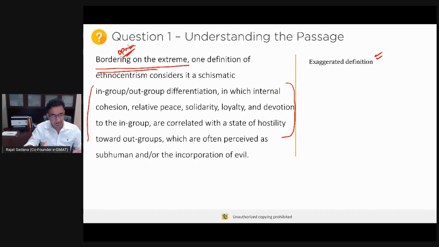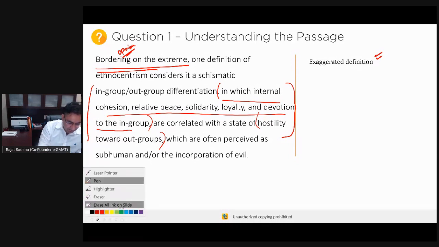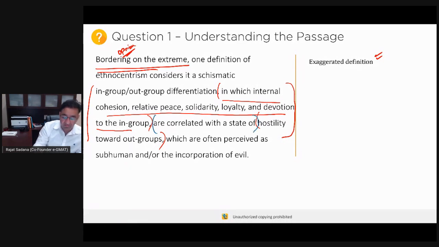So when you look at this detail, where one definition considers it a schismatic differentiation in which these things are correlated with hostility towards the outgroup, you should have an idea of the underlying part. But the key thing to understand is that these things, let me put that in blue, are correlated with the state of hostility.